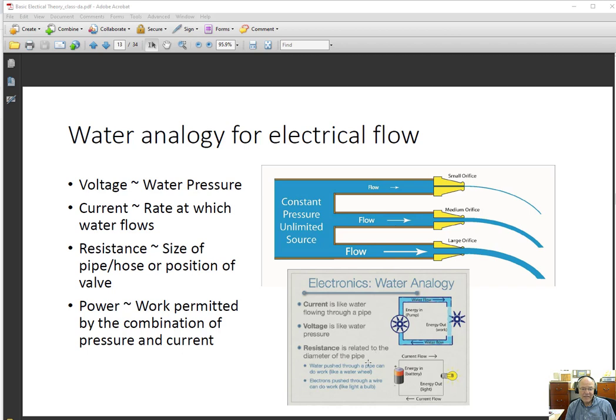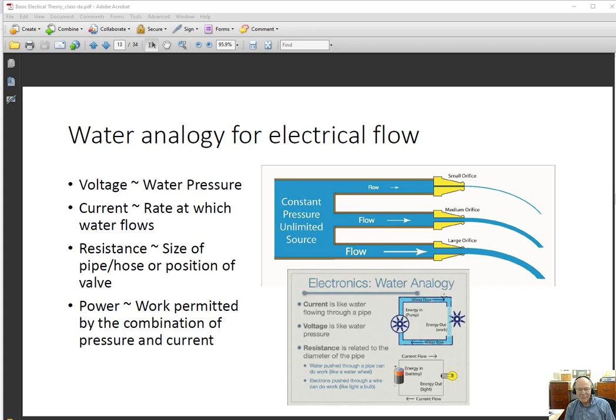So it says resistance is related to the diameter of the pipe. Water pushed through a pipe can do work. Electrons pushed through a wire can do work. Now, work means the combination of how much pressure and how much current determines how much work can be done. So you come over here to this water wheel thing. And the water wheel thing means if you increase the current flow over that water wheel, it's going to work harder.